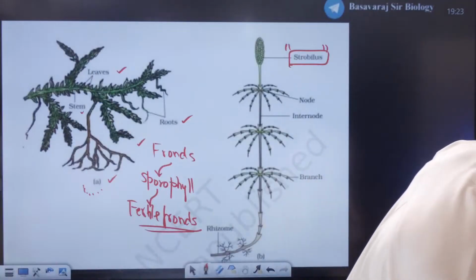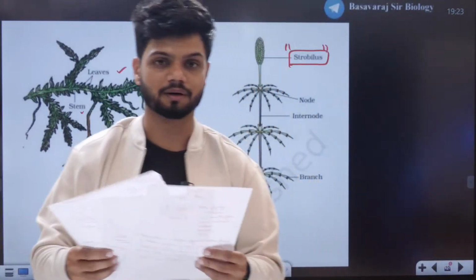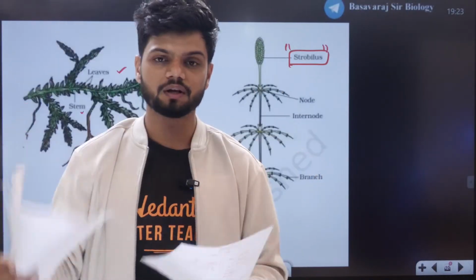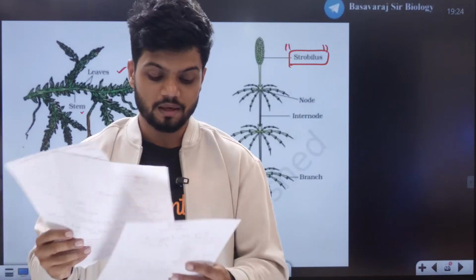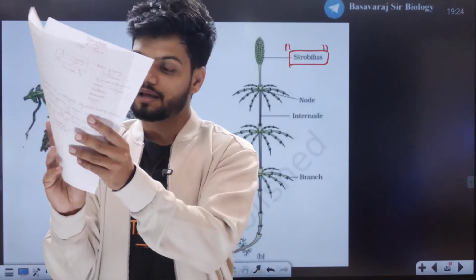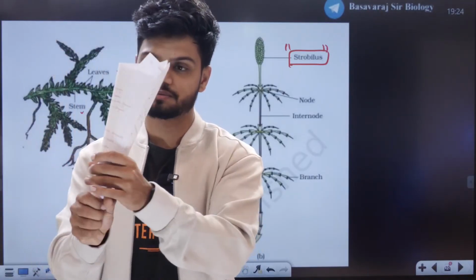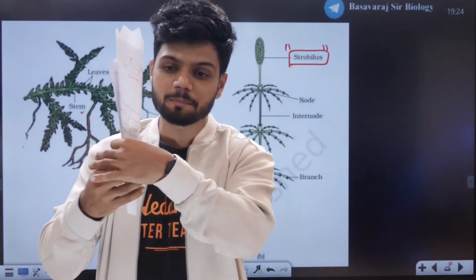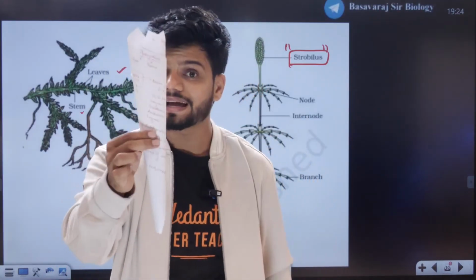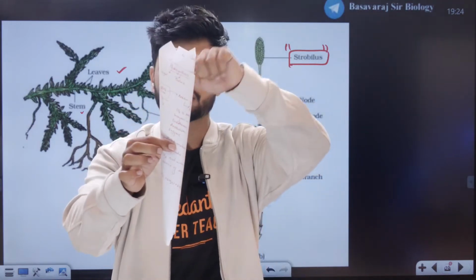For example, this is a sporophyll, and this is a sporophyll. If multiple sporophylls join together, multiple fertile fronds join together, they end up making a structure called a cone.